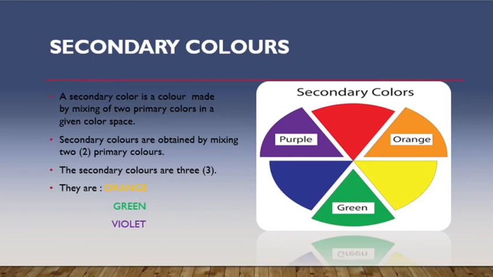You can also say secondary colors are obtained by mixing two primary colors. These are the results of mixing two primary colors: you will get orange, you will get green, and then you will get violet.